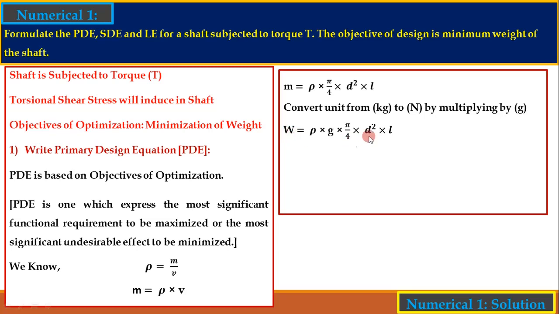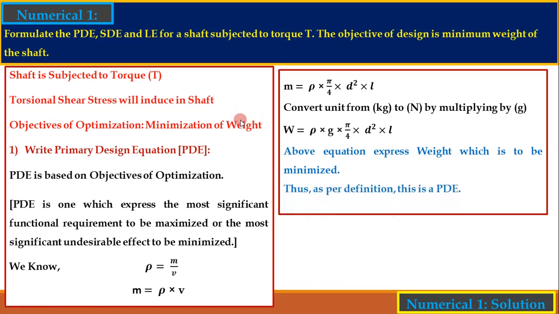This expression for weight is nothing but our primary design equation. The above equation expresses the weight which is to be minimized, so by using this equation of weight we have represented our objective of optimization. PDE is related to the objective of optimization, that is, PDE is related to weight. Thus, as per definition, this is the PDE.